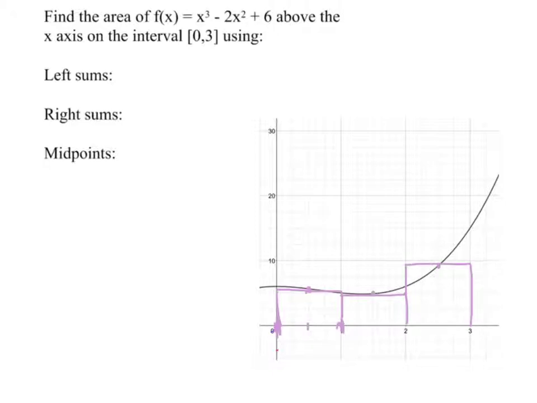We would use our calculator to figure out what is f of 0.5 to get the height, what is f of 1.5, and what is f of 2.5. Again, we've done that before. This is just a review of the left, right, and midpoint sum.